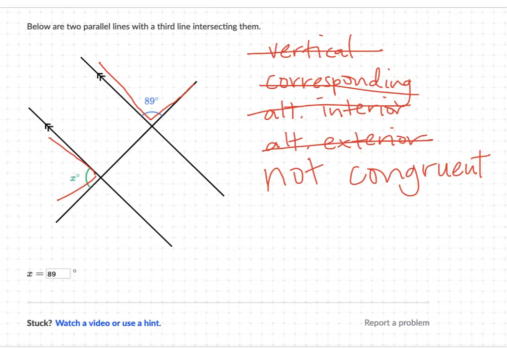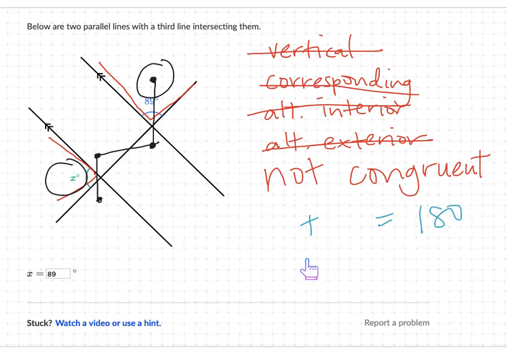You could have also used your Harry Potter method, put a dot anywhere, and fill in the vertical. Do the same thing on the other side, and then connect those to make your scar. And then you would see that this one has a dot, this one doesn't have a dot. So these two are not congruent, okay? But what we do know about non-congruent angles is that they're going to add up to equal 180 degrees.